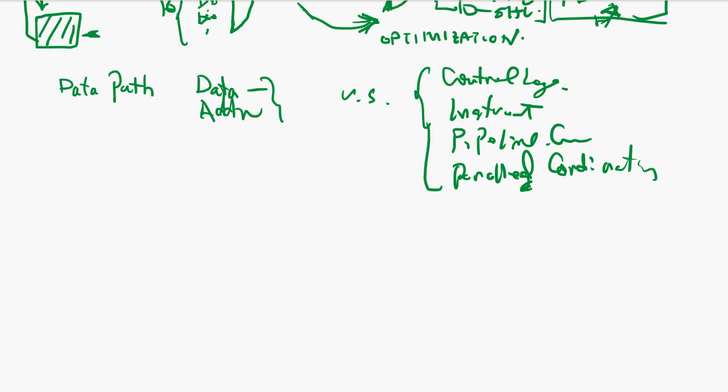This kind of control logic tends to be random, and the data path tends to be very regular.